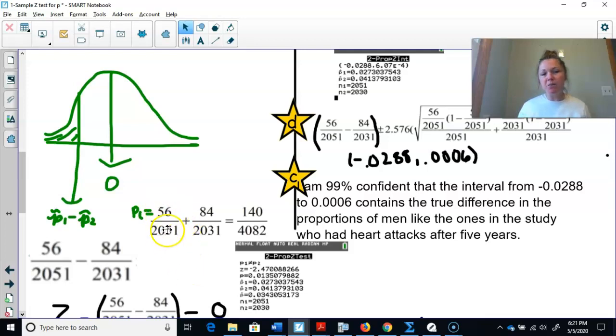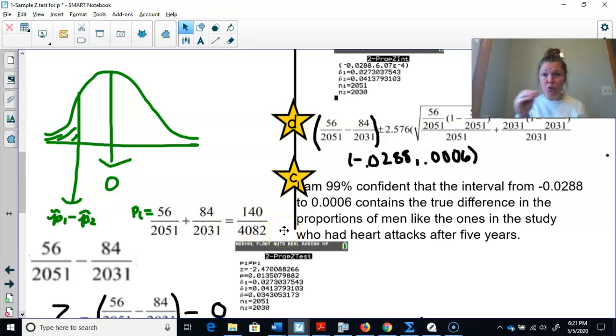So you take the gemfibrozil group plus the placebo group, and you don't do normal math. You just add across. This is the combined rate, okay, of people who had heart attacks after 5 years. So out of the 4,082 people who participated in this study, 140 of them had heart attacks, okay?